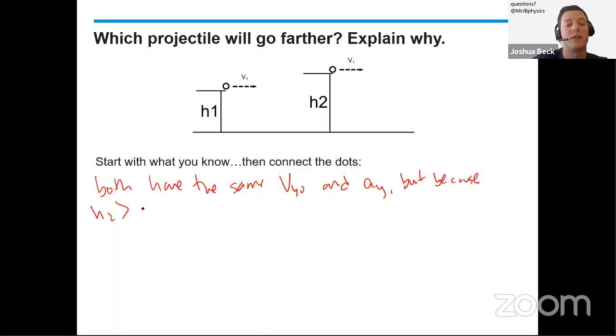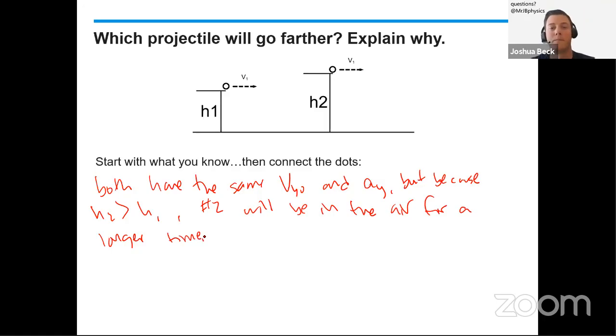Because H2 is greater than H1, ball number 2 will be in the air for a longer time. Okay, great. Now I'm starting with what I know and I'm connecting the dots, but did I connect it to range yet? Did I explain why it goes further yet? Well, not yet. That's okay. I just need to keep going. So let's continue.